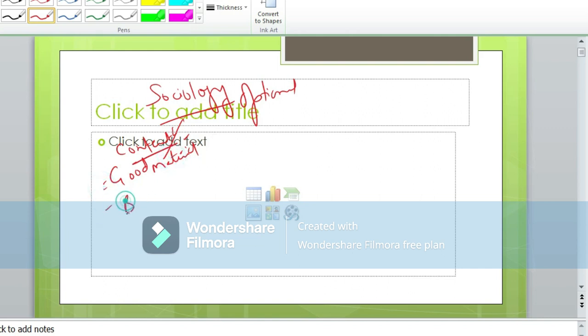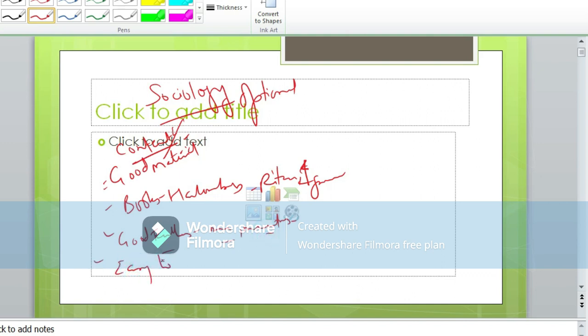You have books such as Haralambos, Ritzer, Ignou, and such books. Good teachers like me, mentors, are available in sociology, easy to understand and write.